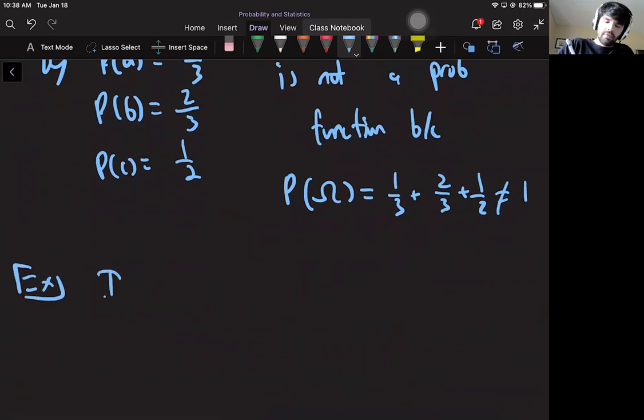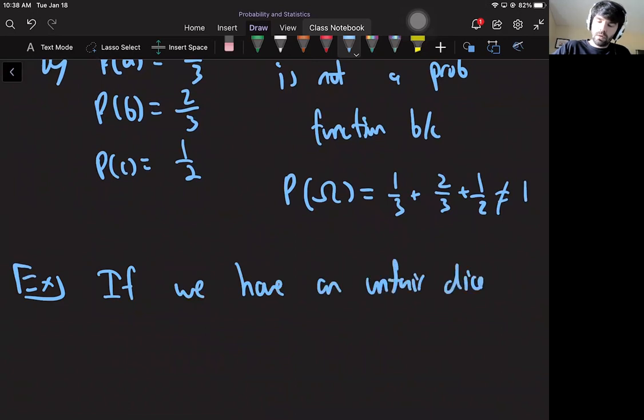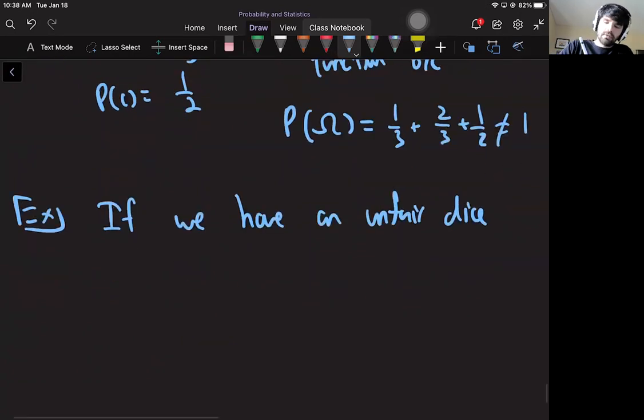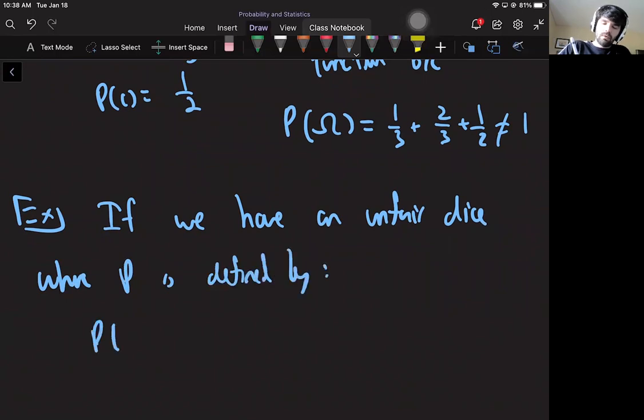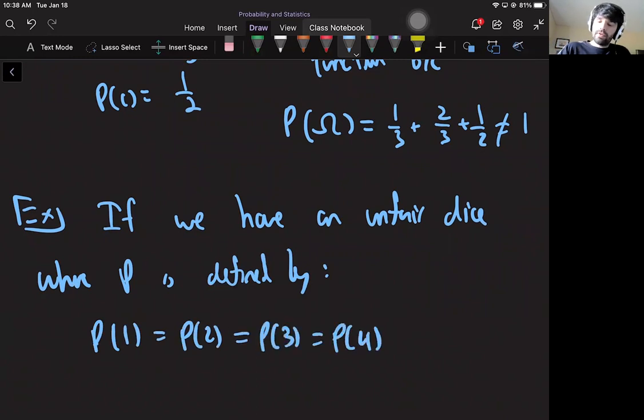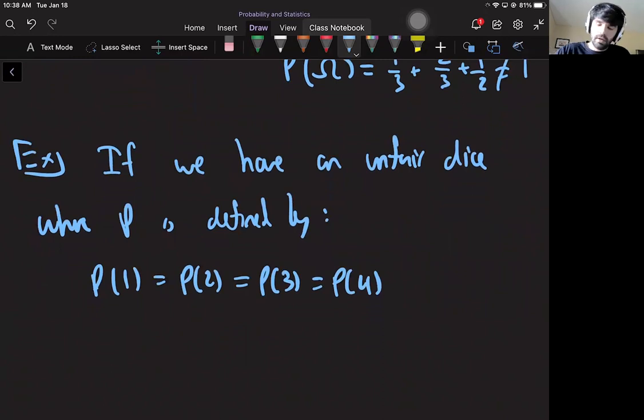So let's say we have an unfair dice. And it's defined in this way. P is defined by rolling a 1, rolling a 2, rolling a 3, rolling a 4 will all have the same probability. And how about we make that be like 1/8?